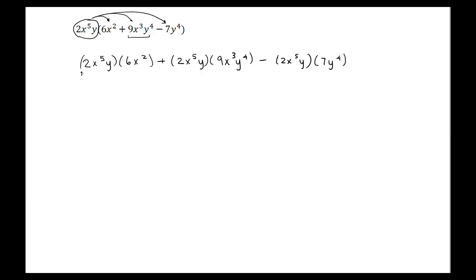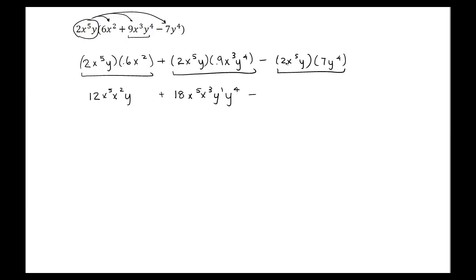Okay, so we'll go ahead and simplify. I have 2 times 6 gives me 12, x to the 5th times x squared y, plus I have 2 times 9 gives me 18, x to the 5th times x cubed, y, and I'm going to remind myself that if it doesn't have an exponent, the exponent is 1, y to the 4th, minus, this is my last term, 2 times 7 gives me 14, x to the 5th, again I have a y to the 1 times y to the 4th.